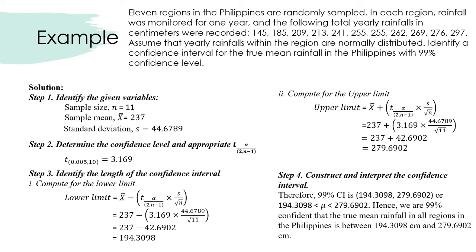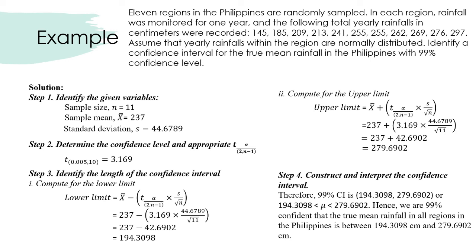Step 4. Construct and interpret the confidence interval. Therefore, the 99% confidence interval is the quantity of 194.3098 and 279.6902, or 194.3098 is less than the mean is less than 279.6902.